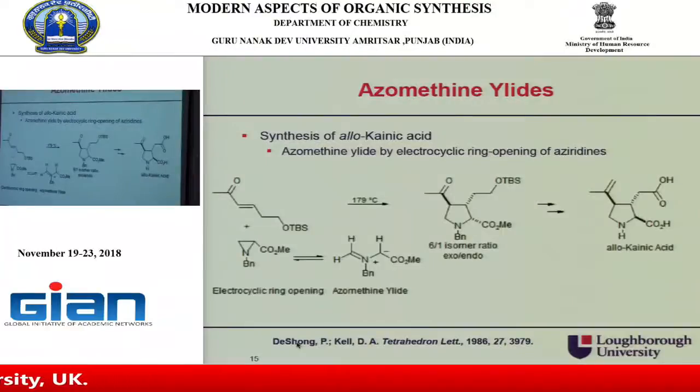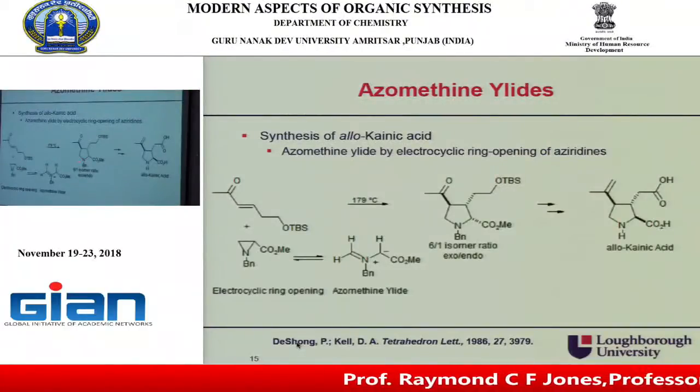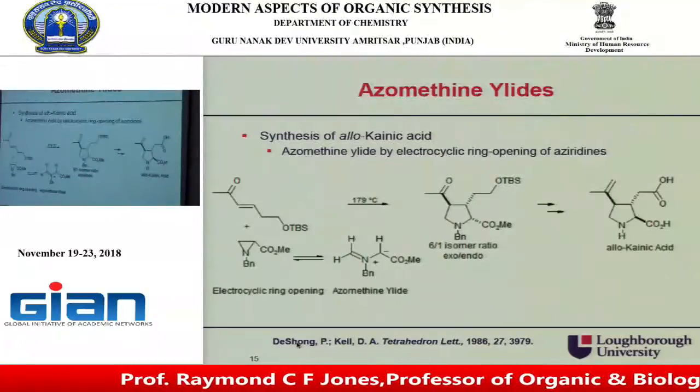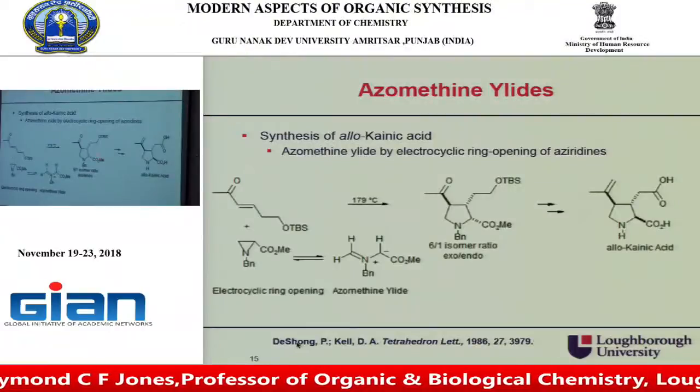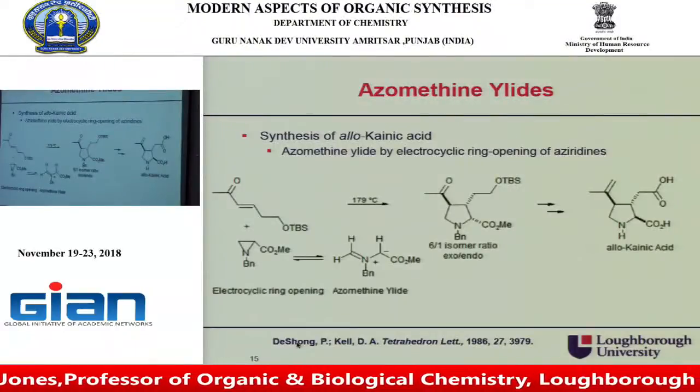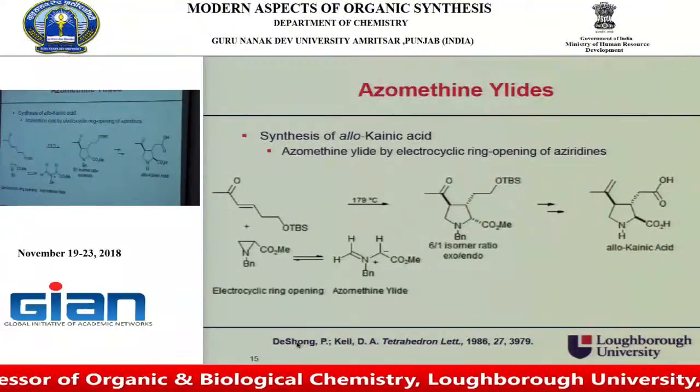So this is an example then of that ring opening to give, in this case, a 6:1 isomer ratio of endo to exo, and that's where this substituent is in relation to these two stereochemistry. But I'm not going to go into that right now.